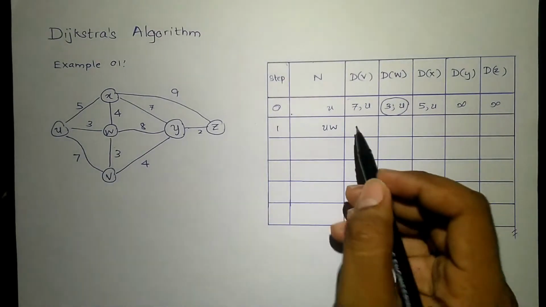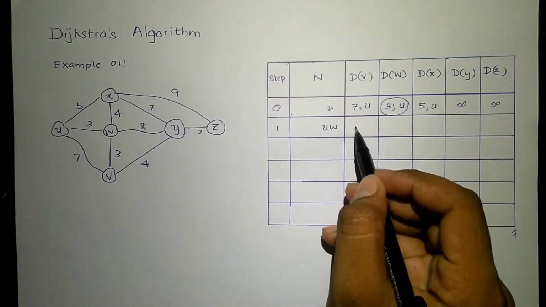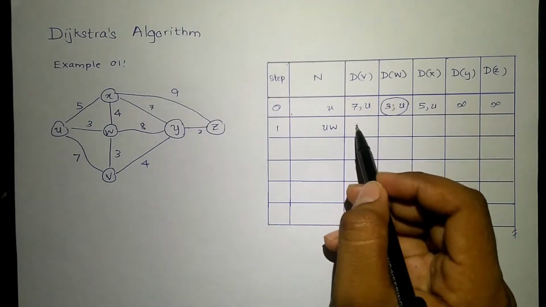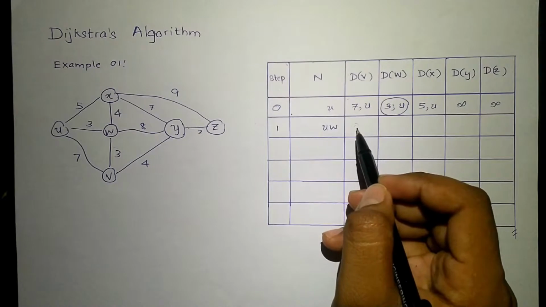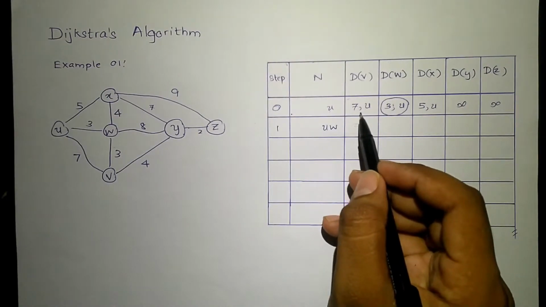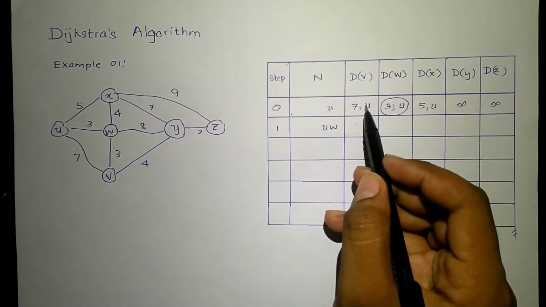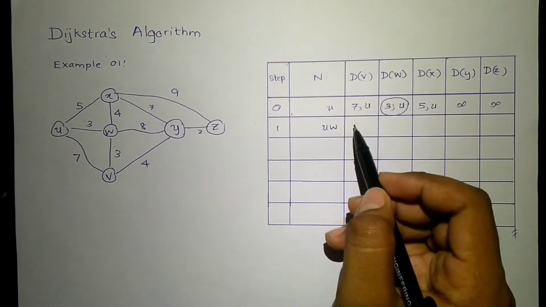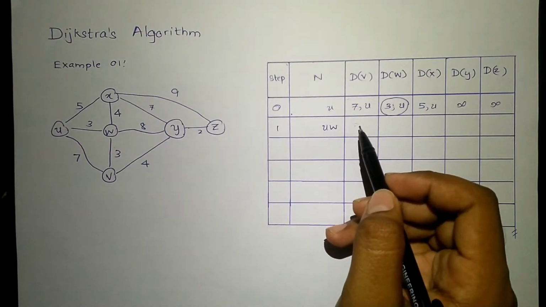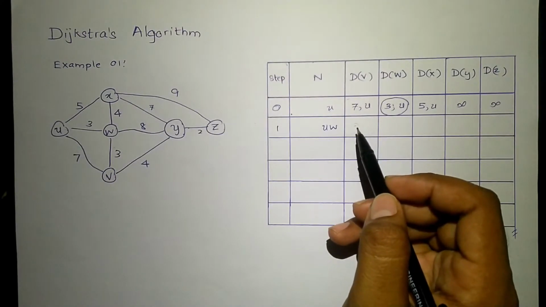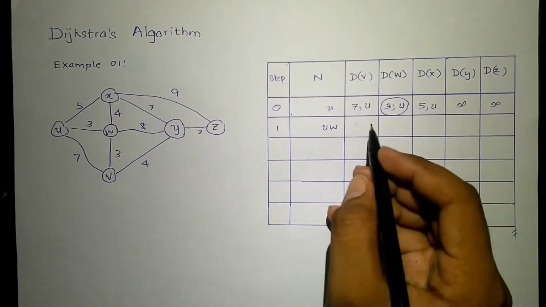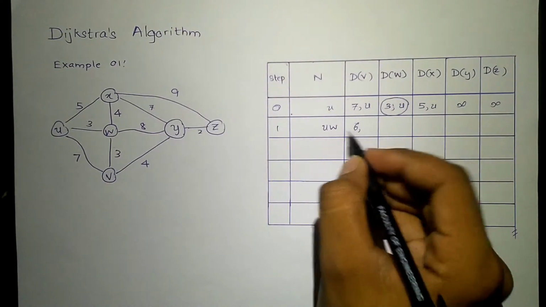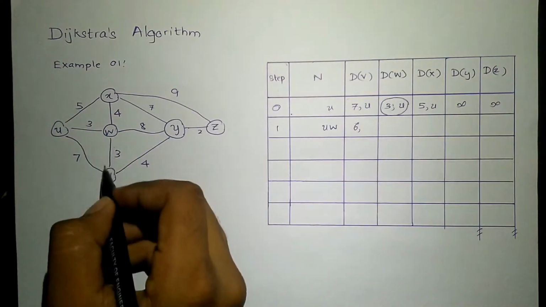So the value in this cell is 6. Before putting the value, we have to see the previous value in that cell. Here it is 7. 6 is smaller, so it is less cost. We need to find the shortest distance. So we write 6, and here we write the letter W because we are coming from W.